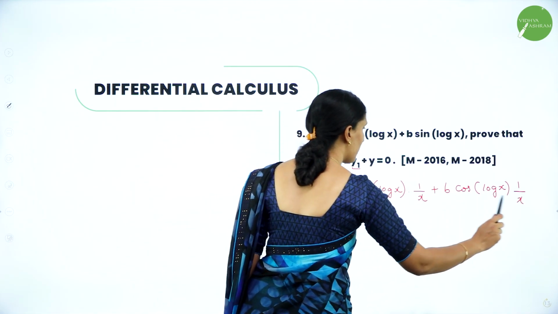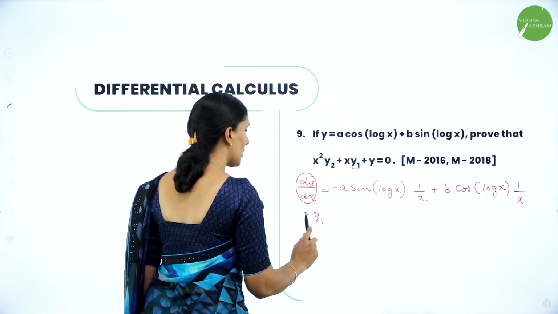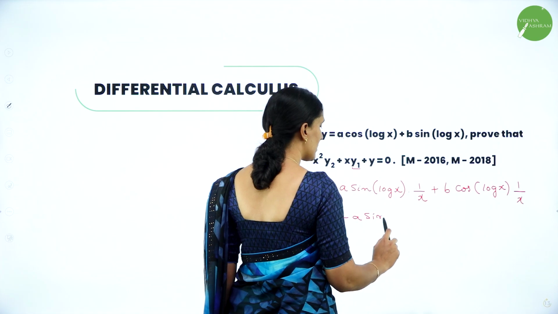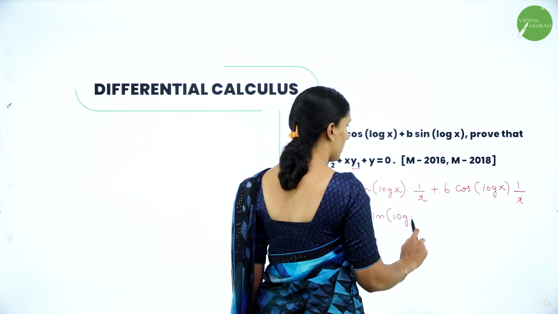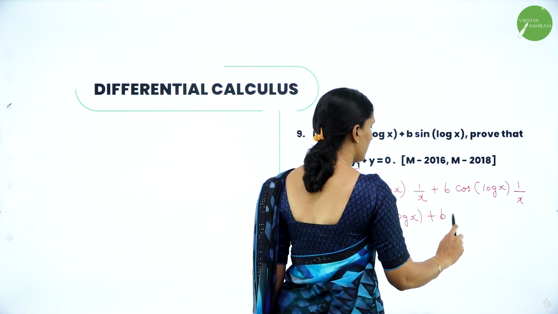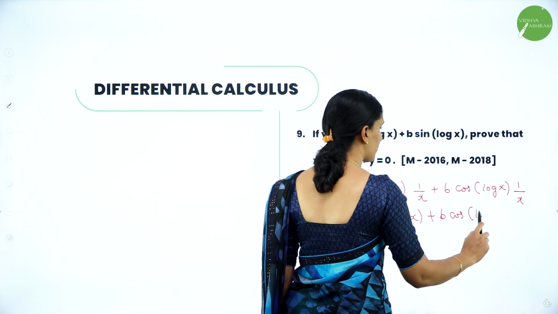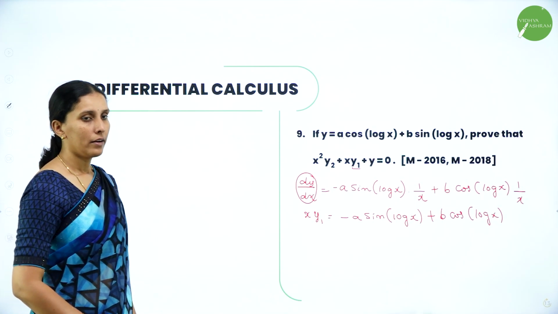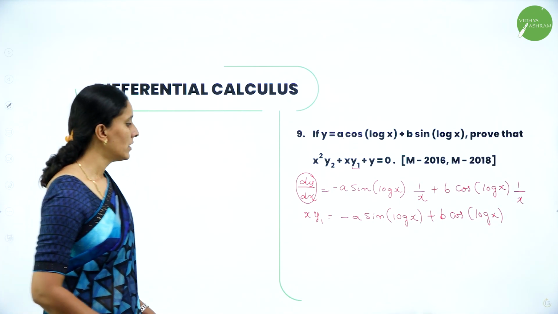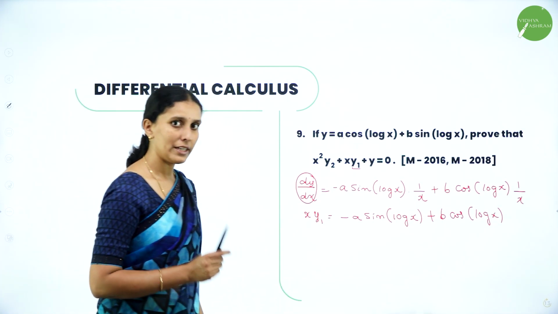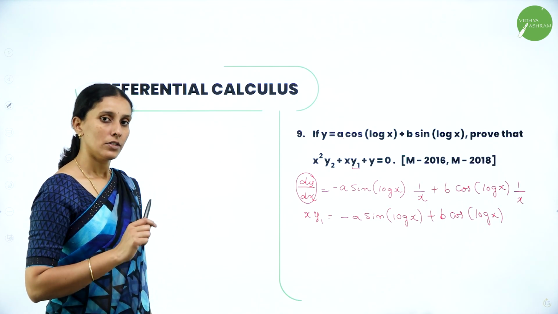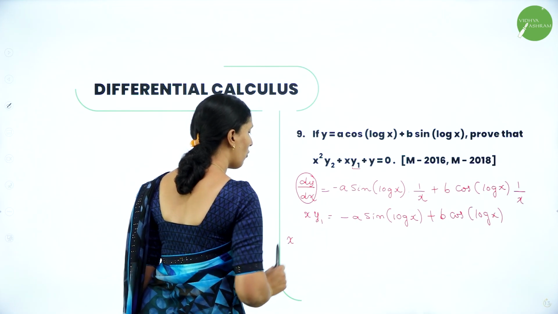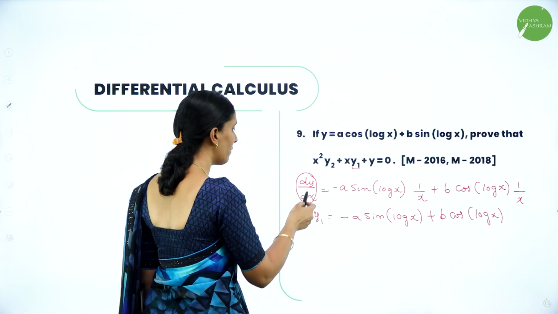Now I said I will multiply x throughout this. So it will become xy1 is equal to minus a sin log x plus b cos log x. Now let me differentiate this again. Here we have two functions, one is x, another one is y1, so use the product rule. What is the derivative of y1, that is the derivative of dy by dx?